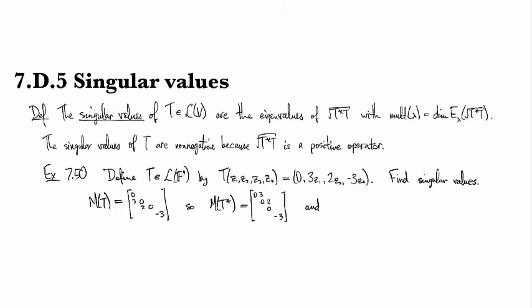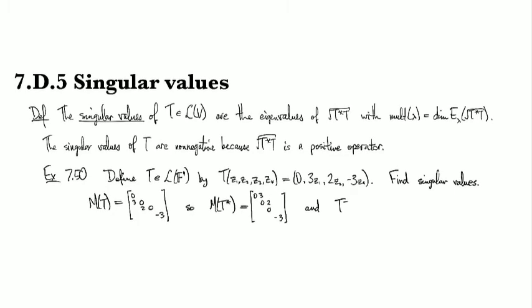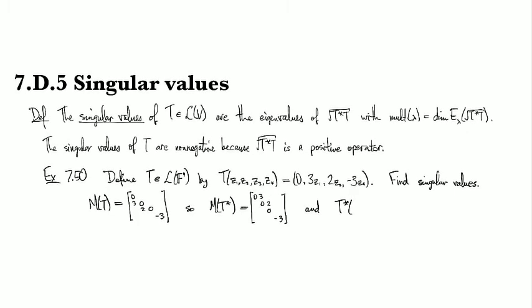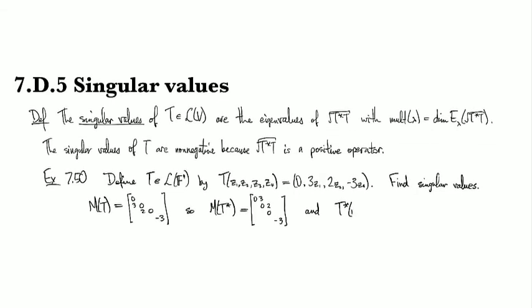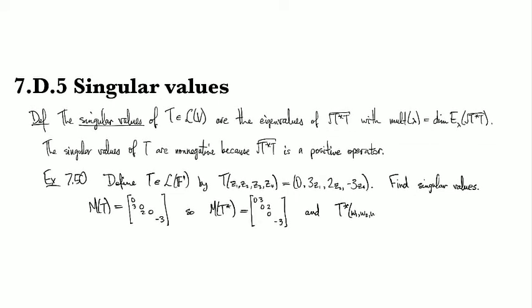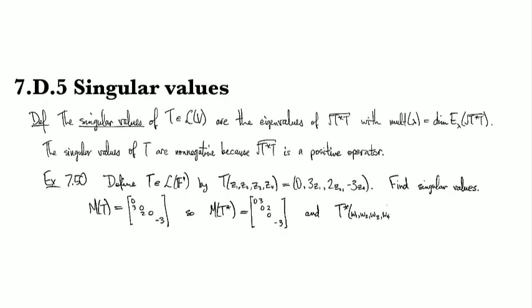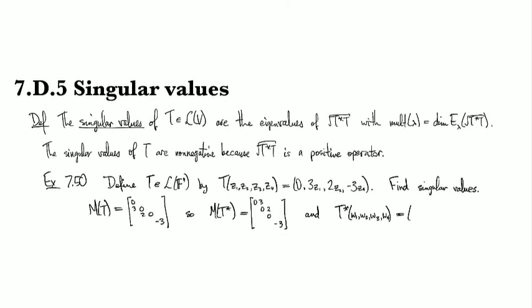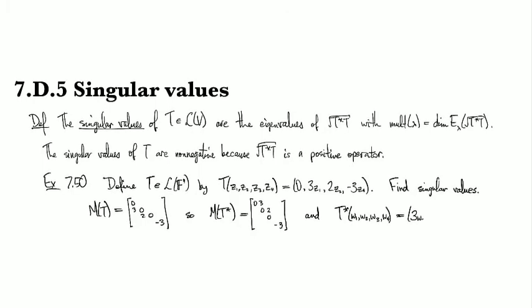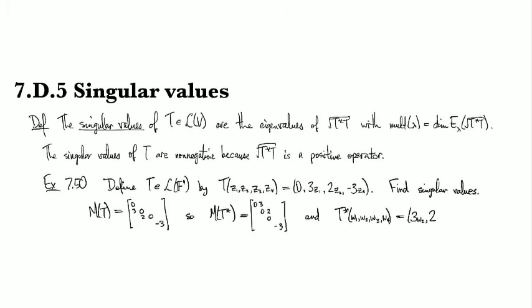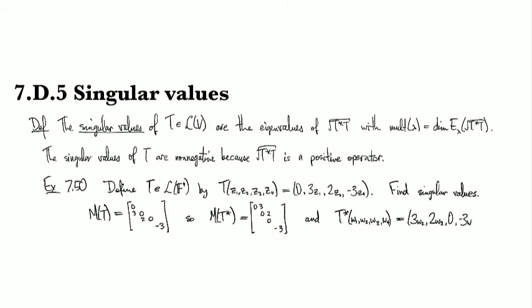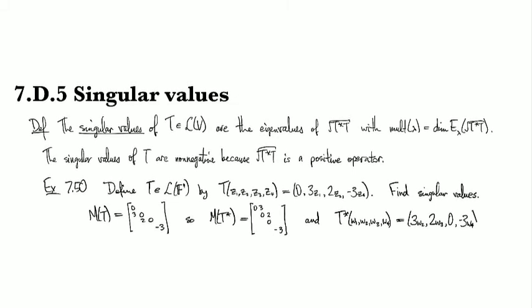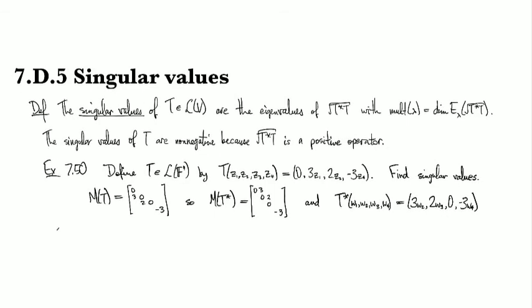If we look at what the adjoint does to some point, let's call them W1, W2, W3, W4, this is going to give us (3W2, 2W3, 0, -3W4).